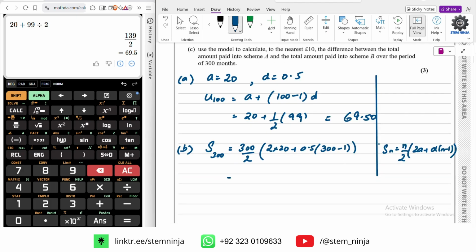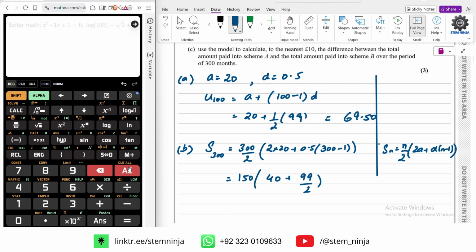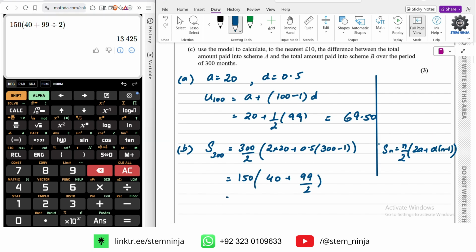So 300 divided by 2 is 150. 2 times 20 is 40 plus half of 299. So 150 times 40 plus 99 divided by 2, that is 13,000, n divided by 2, 2a plus... wait a sec.